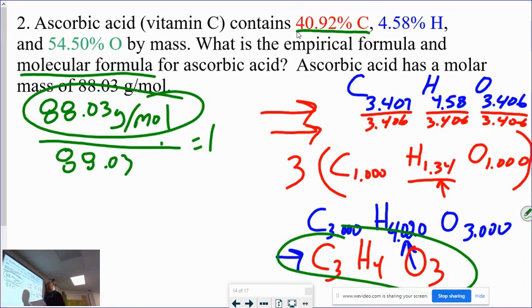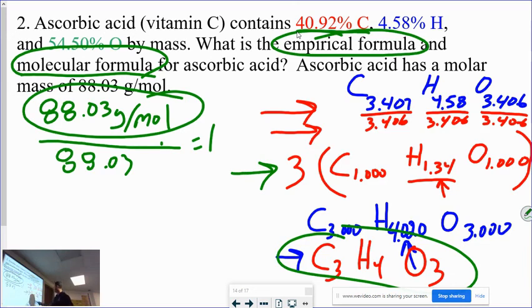And you're going to realize in this problem that the molecular formula and the empirical formula are the exact same thing. So the difference in these 2 problems, the one that was all typed out for you and the one that I just solved, is this step right here. If these numbers end up all being nice whole numbers, we're good to go. If they're not, we're going to multiply some number through it, and that is step 4.